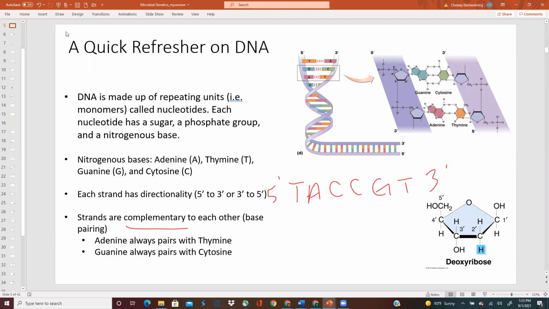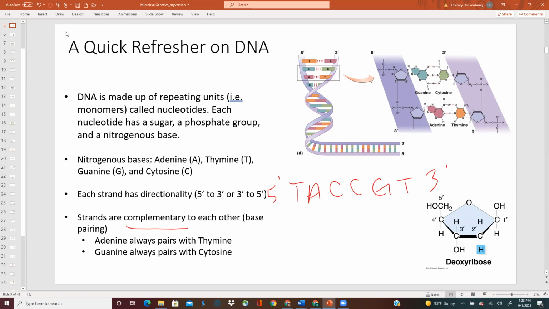If I told you that one strand of DNA runs 5' to 3' and has the sequence TACCGT, because you know that the other strand is anti-parallel and complementary, you should be able to tell me the directionality and sequence of this second strand of DNA. So take a second while I sit here and talk slowly and write out the directionality and sequence of the second strand of DNA, because you will have to do this later.